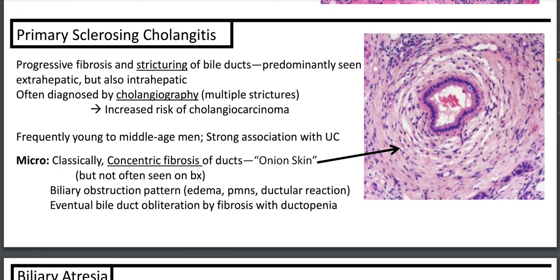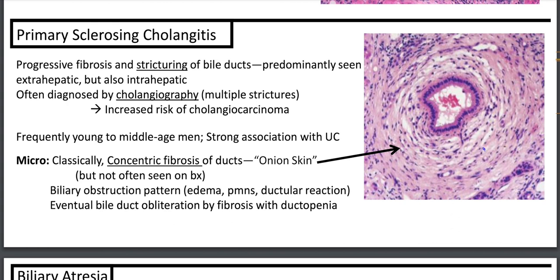Primary sclerosing cholangitis. This is progressive fibrosis and stricturing of the bile ducts, predominantly seen extrahepatic, but it can be intrahepatic. And it's often diagnosed when you do a cholangiography, where you'll see multiple strictures, and this increases your risk of cholangiocarcinoma. It's frequently young to middle-aged men and has a strong association with ulcerative colitis.